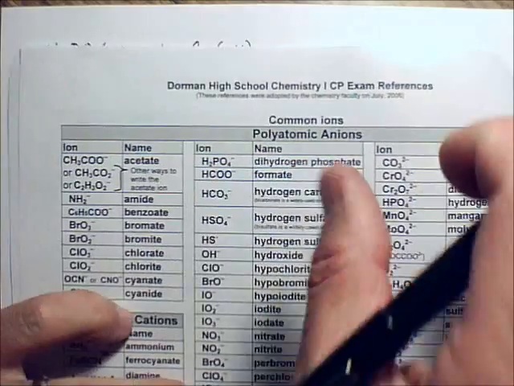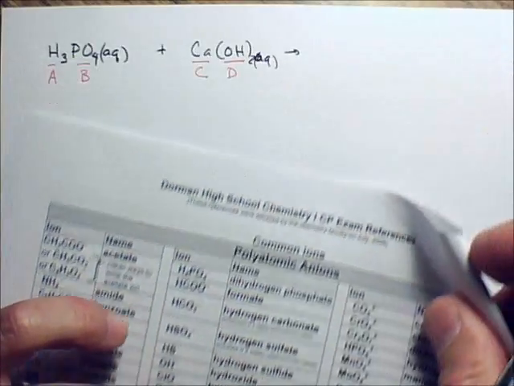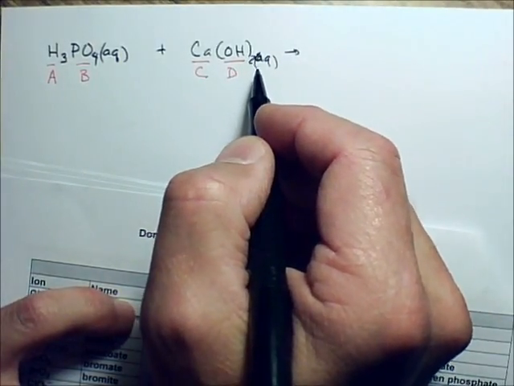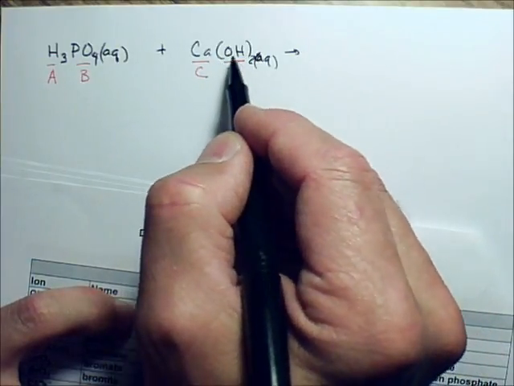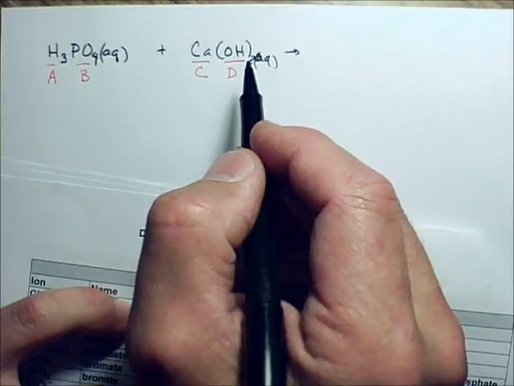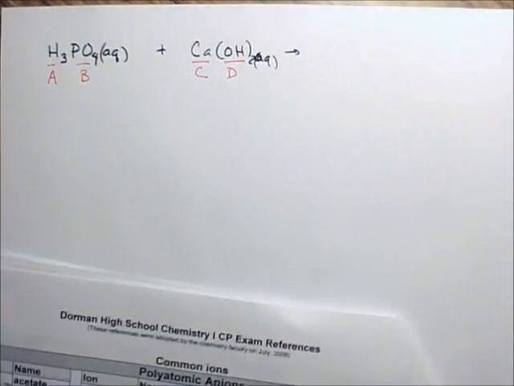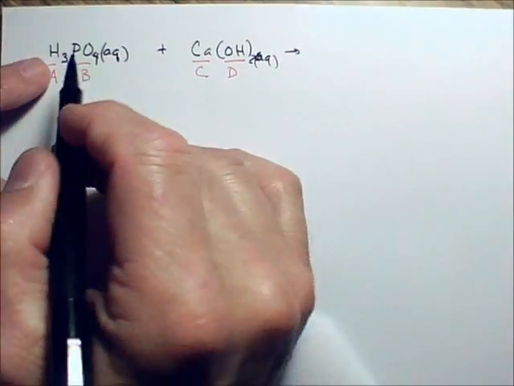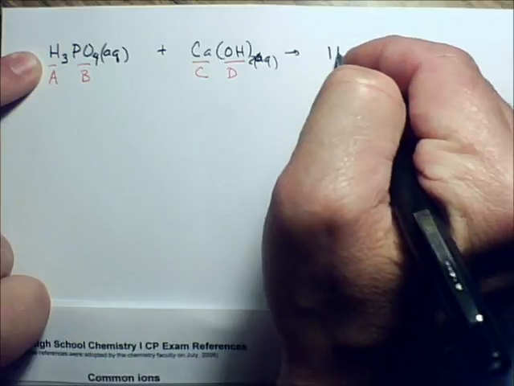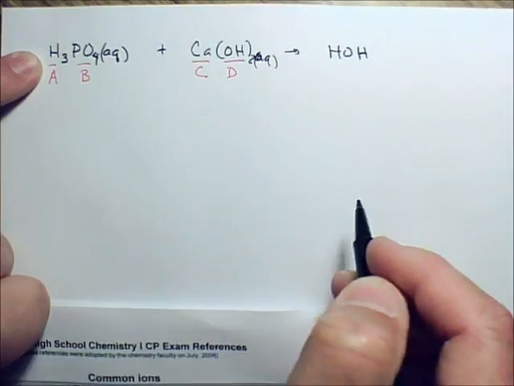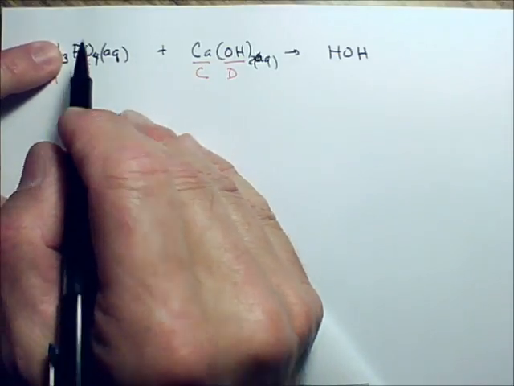Hydroxide is OH. Okay? There's no 2 in the formula for OH. The 2 doesn't travel. The OH travels, but the parentheses means I have 2 of them. It doesn't mean that the 2 belongs as part of the polyatomic ion. So we're going to put the front part of this with the back part of that. Okay? And we're going to take the front part of this and put it with the back part of that.